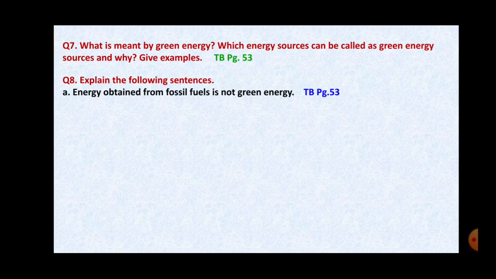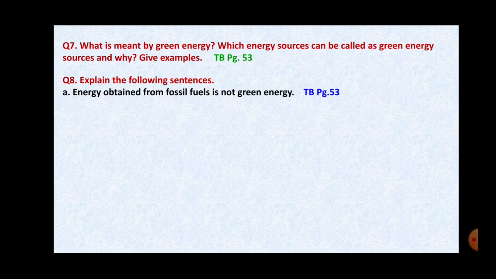Then second point you will write, it takes millions of years for the formation of fossil fuels like crude oil, coal and natural gases. Also these fuels are limited and they are going to deplete in future. And third one, the problems in use of nuclear energy, like the disposal of nuclear waste and the possibility of disaster due to an accident in a nuclear power plant.